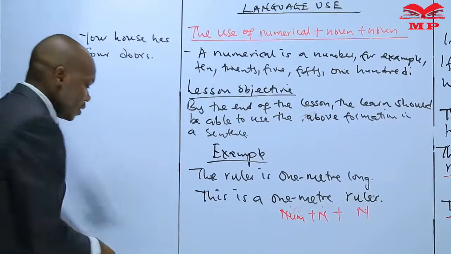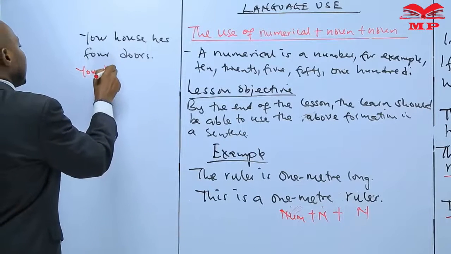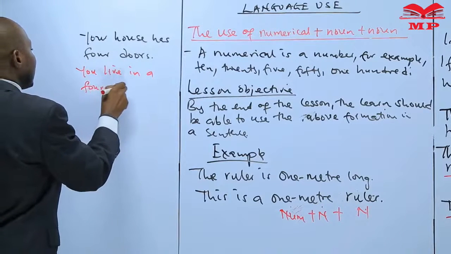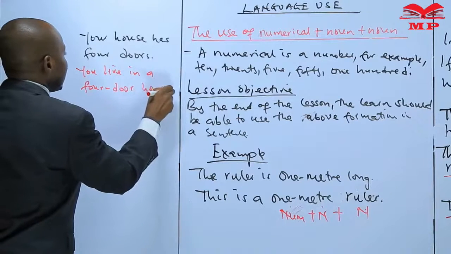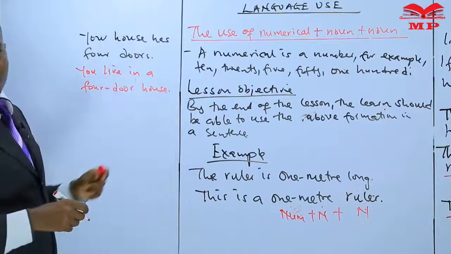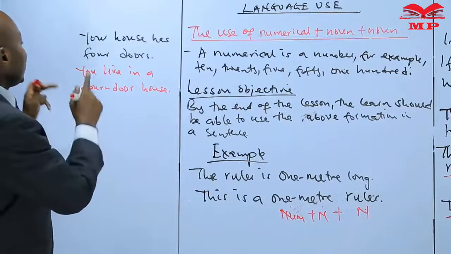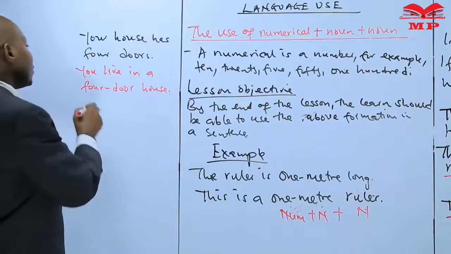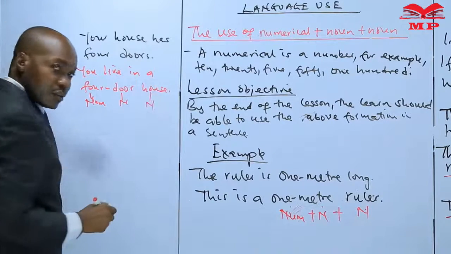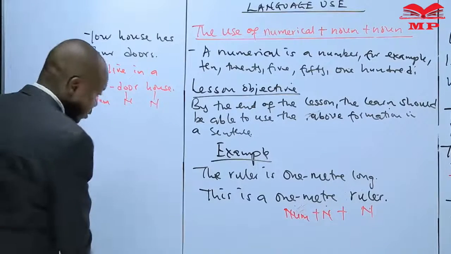We shall say you live in a 4-door house. We don't say 4 doors, no. You live in a 4-door house. 4 is the numerical, noun plus noun, all right? We say you live in a 4-door house.